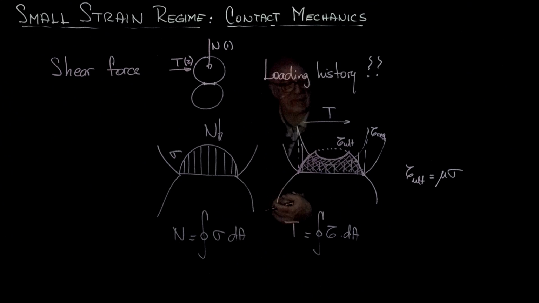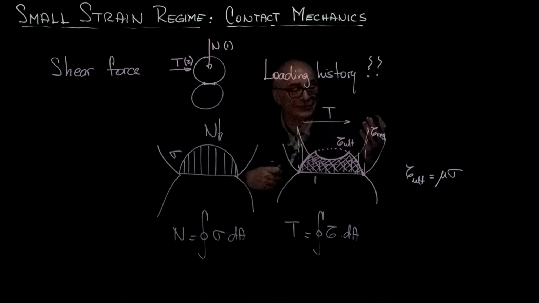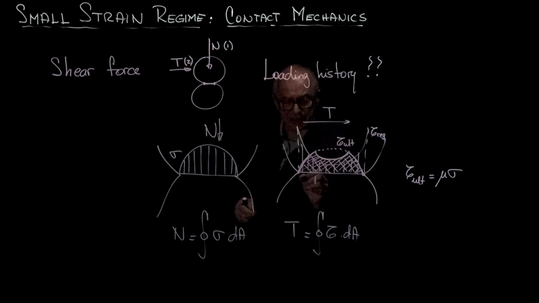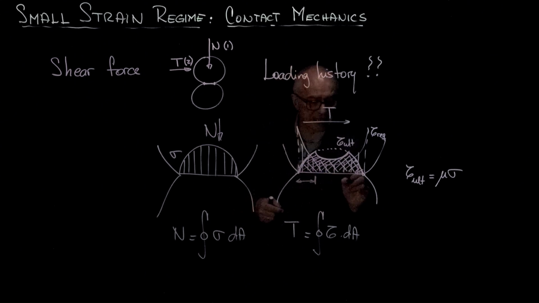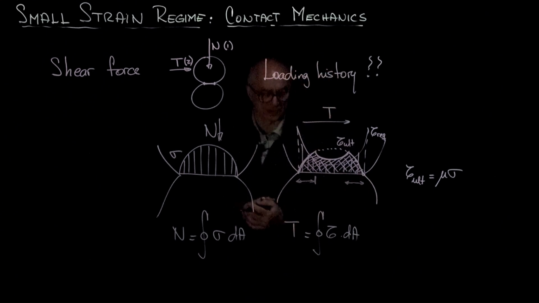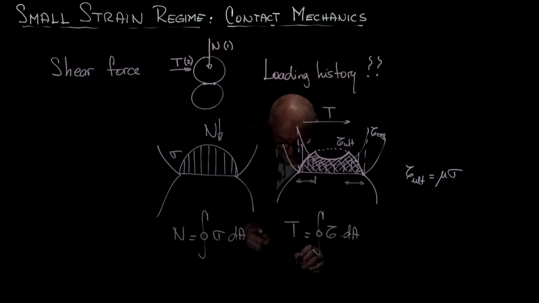So this is the actual condition at equilibrium. Now, as you realize, up to this point, the required shear has exceeded the ultimate shear, so there is slippage here, and there is slippage here on the other side. In other words, there is an annulus of slippage. And so slippage has taken place.